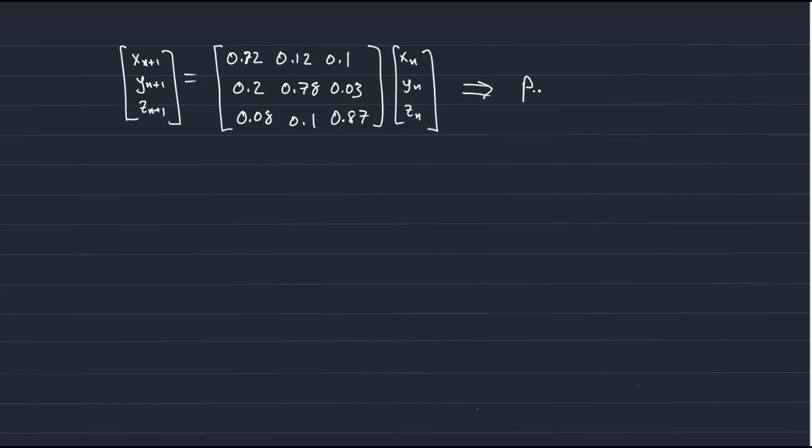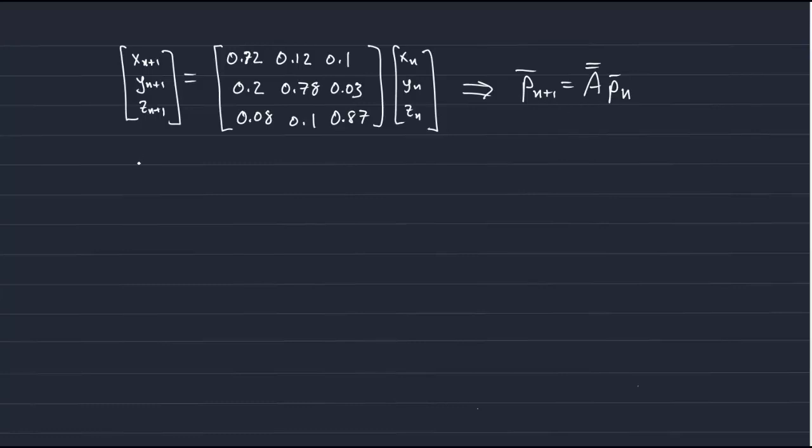And this describes the population again in the next year being a matrix multiplication with the population in the previous year. Okay, so this is a Markov process showing how the populations change for each year, but it's not an eigenvalue equation because we have two different vectors on either side.